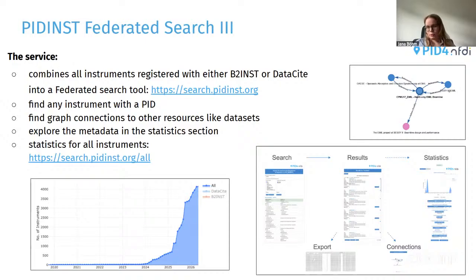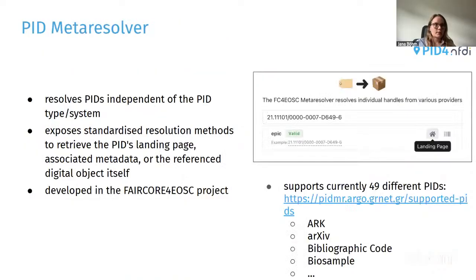So here the image on the right shows some connection graphs. And you can also use the tool to explore the metadata and the statistics in the statistics section of the tool to produce some nice graphics as at the left image. Next slide, please.